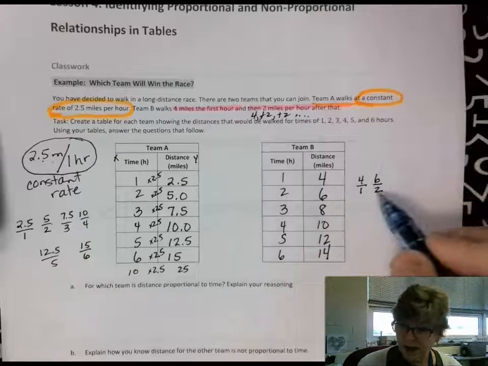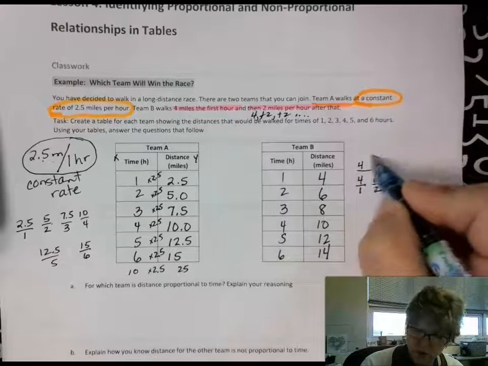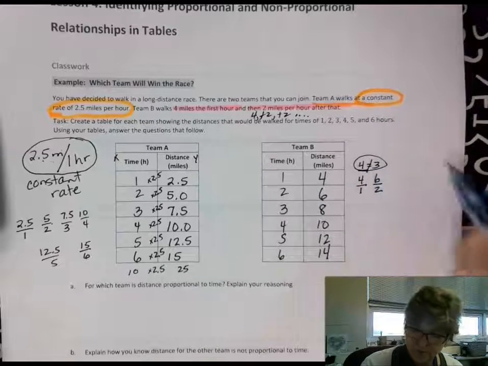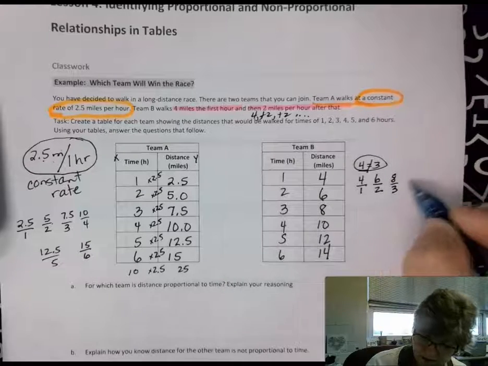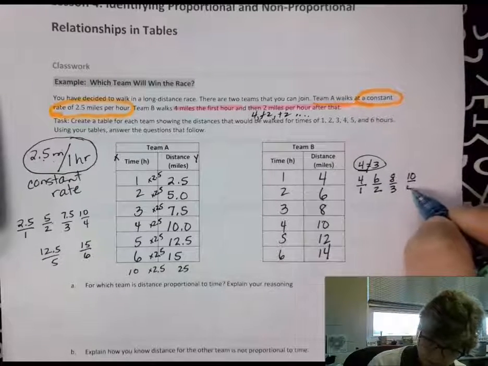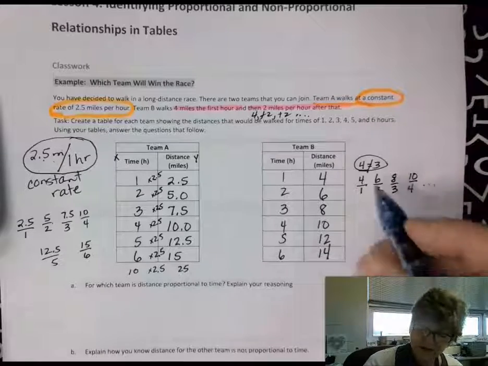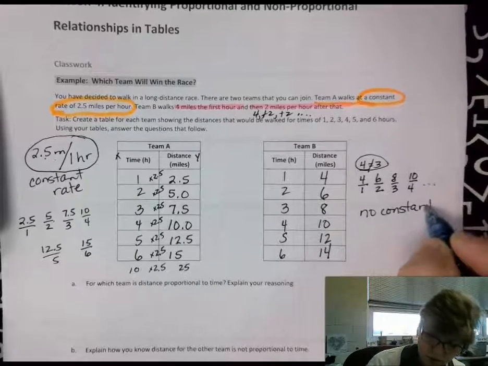And you're going to notice right here that those two are not equal. Now you could keep going and you're going to find this throughout the entire thing. So since there is no constant rate, they are not proportional.